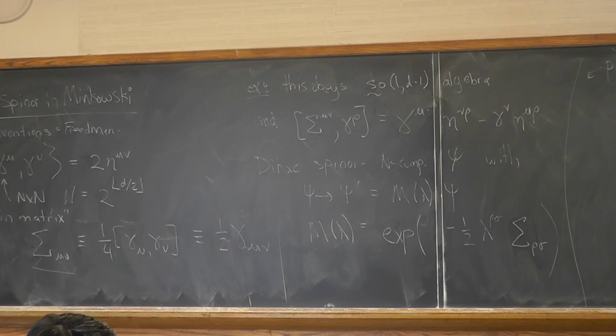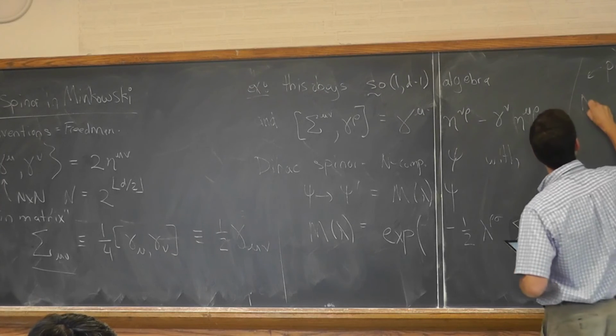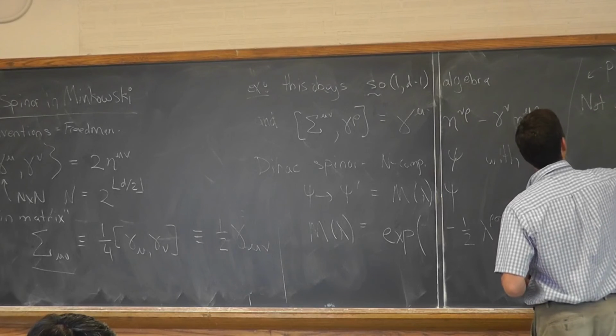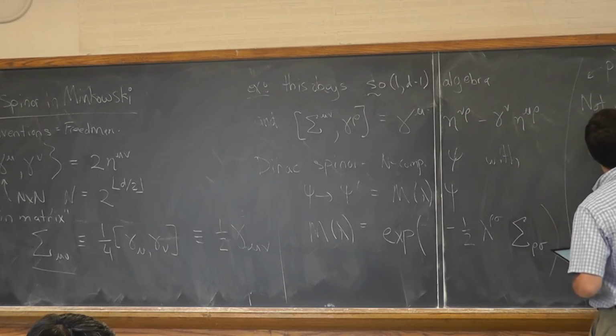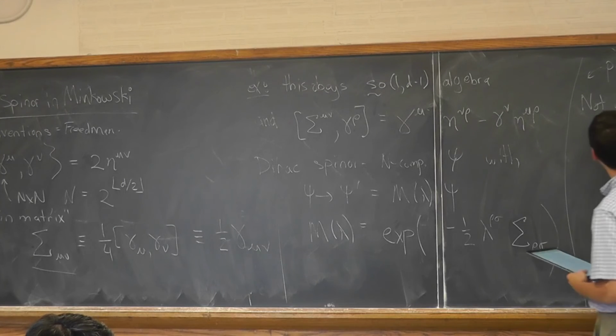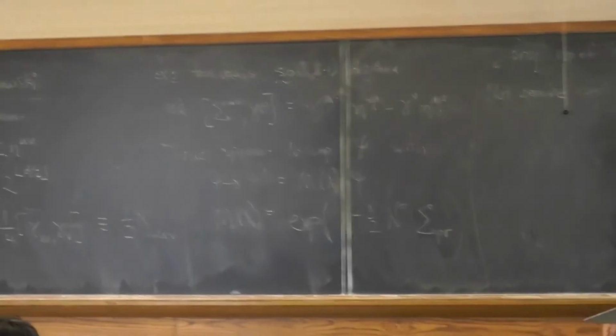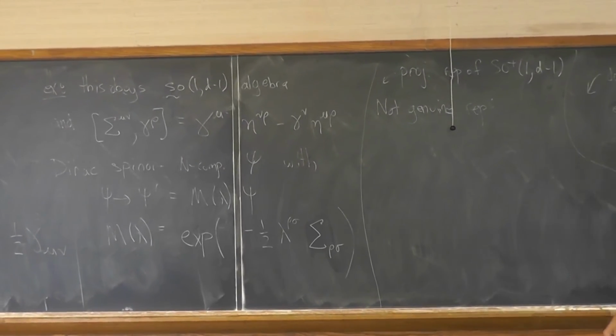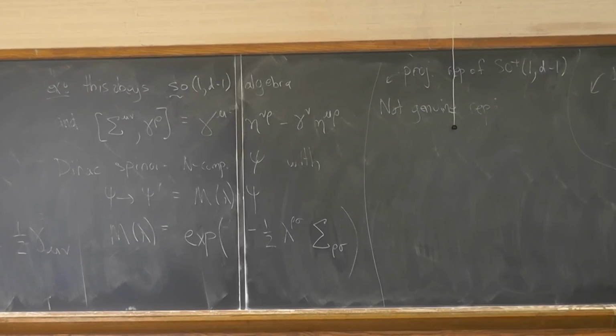Okay, so the discussion we had says that this is a projective rep of SO plus (1, D minus 1). And with a little bit of work, you can show that it's not a genuine rep. As you know from spinors, they should transform by a sign when you rotate by 2 pi.